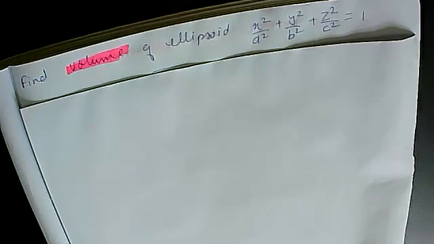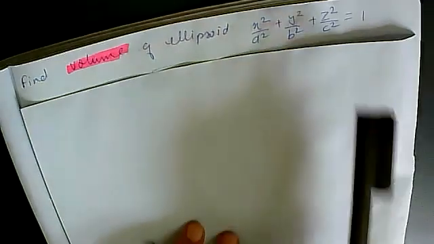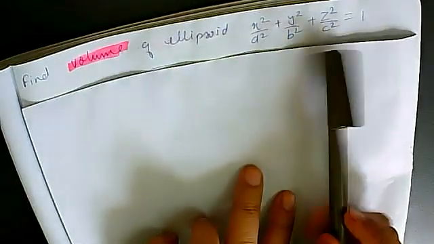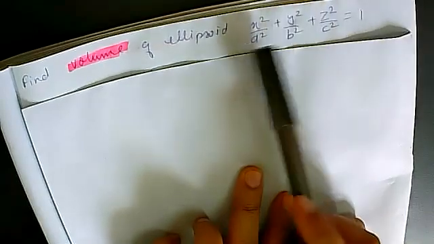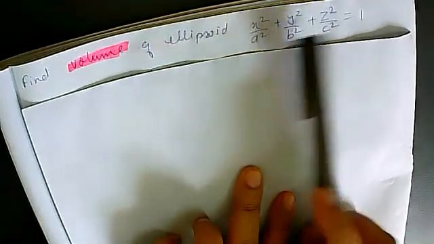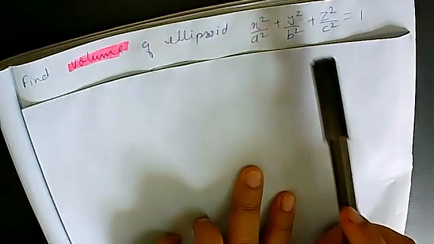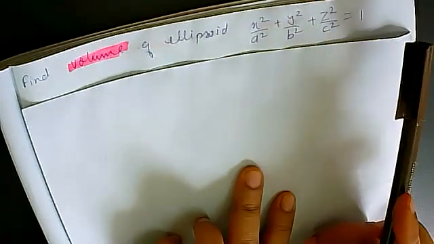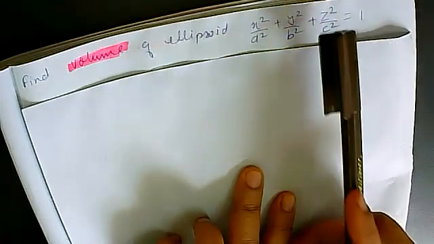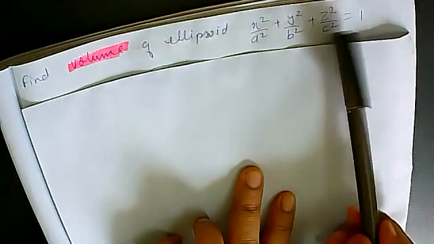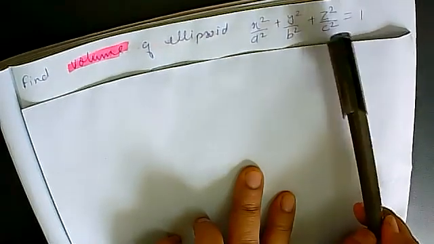Now how to see the limits? First, the limit of z will be understood as c times the square root of 1 minus x square by a square minus y square by b square. C will go up and under root, right? Then I will go into the other plane and put z is equal to 0.